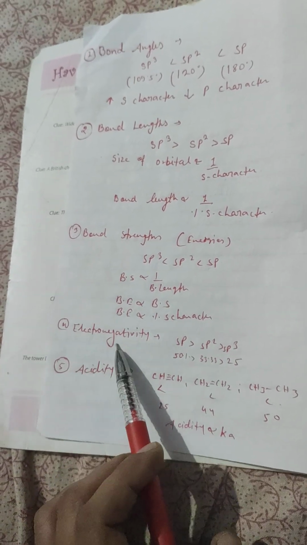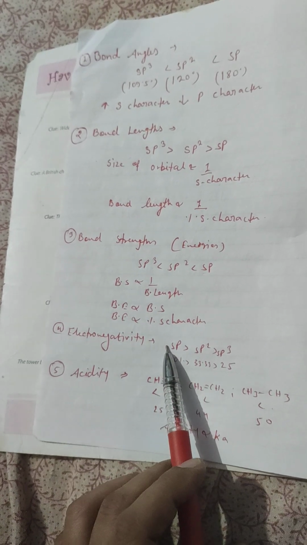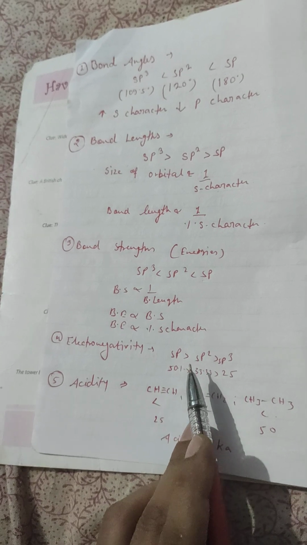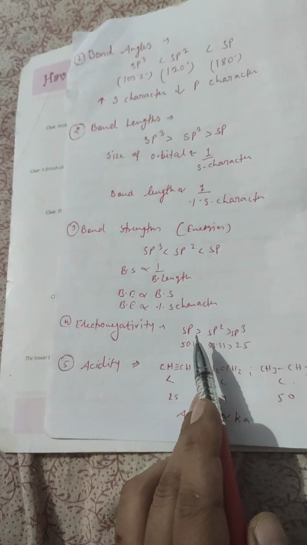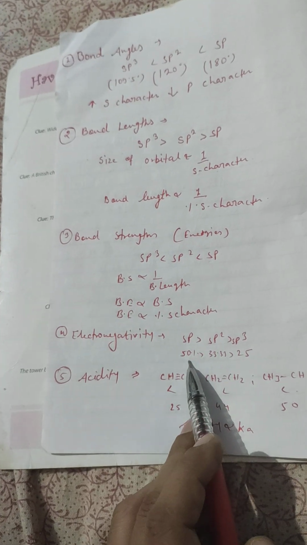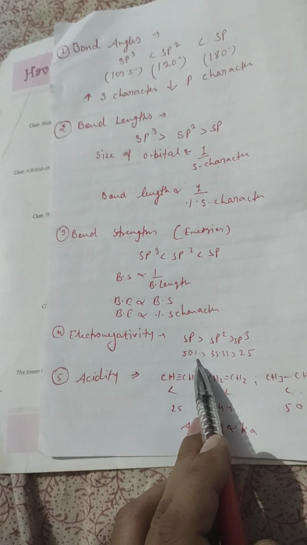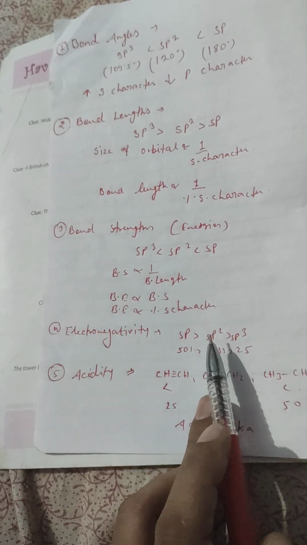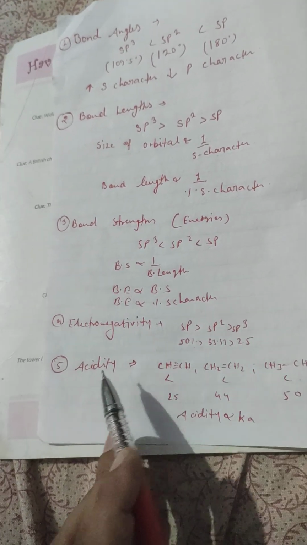Fourth is electronegativity. Electronegativity is also dependent upon s character. As s increases and p decreases, sp is more electronegative than sp2, and sp2 is more electronegative than sp3.